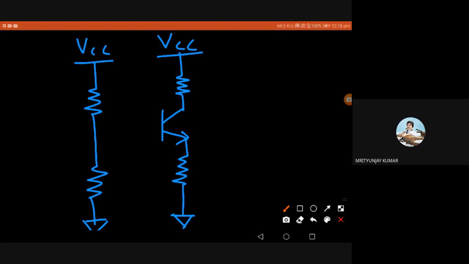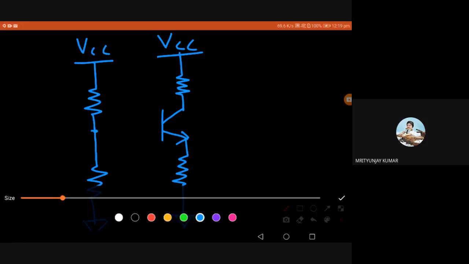What is a voltage divider? If I divide the voltage source VCC into two voltages using two resistances, the voltage drops across these two resistances will be directly proportional to the magnitude of the resistances. Correspondingly, now I have two voltage drops.